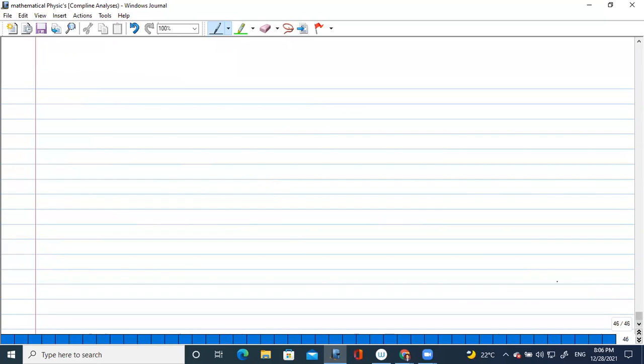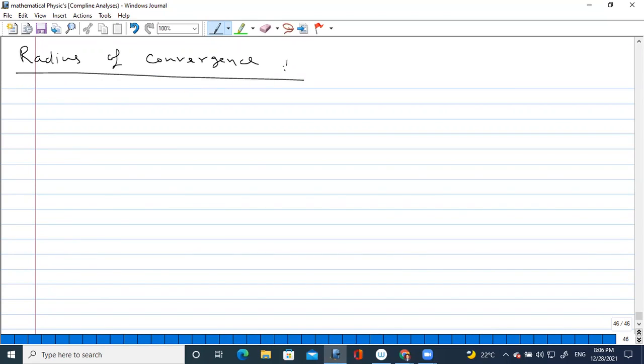Next thing is the radius of convergence. From the name itself, we want to know the radius of a circle in which my whole series is converging.